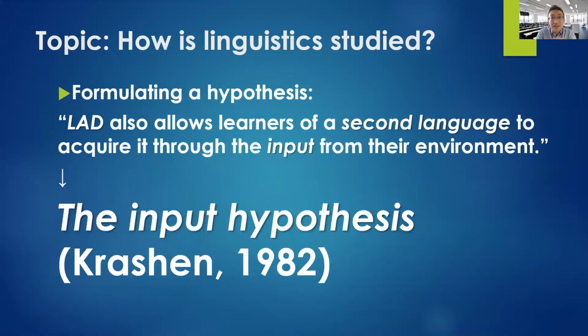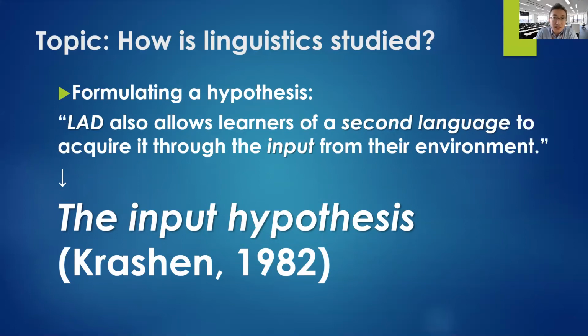And this is yet another hypothesis, which was created by Krashen. Stephen Krashen is a linguist in the States, and he proposed the input hypothesis in 1982, or in the beginning of the 1980s. It seems to be old, but actually it was influential around that time.